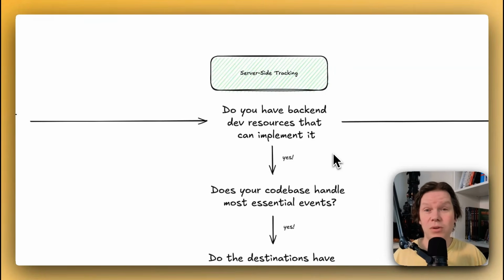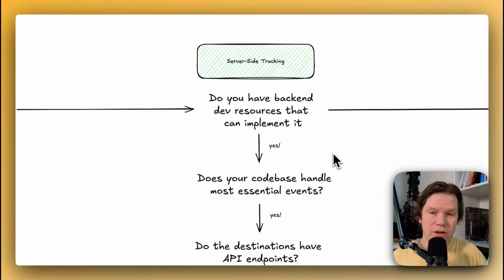First of all, it comes with specific constraints, and it's important to know about these constraints. If you answer no to one of the questions, then server-side tracking might not be the solution for you. First of all, you have to have backend development resources that can implement it. This is not a guaranteed scenario. Sometimes backend services are not really included or are sitting very far away.